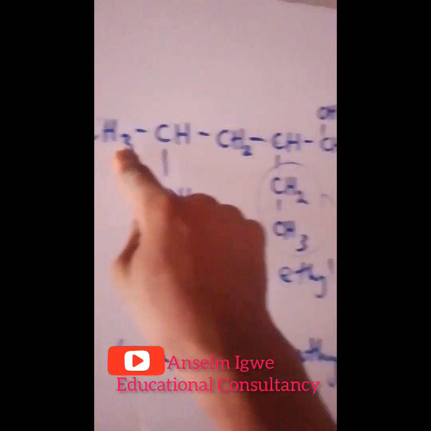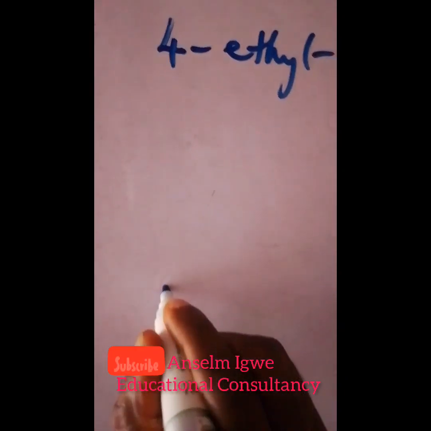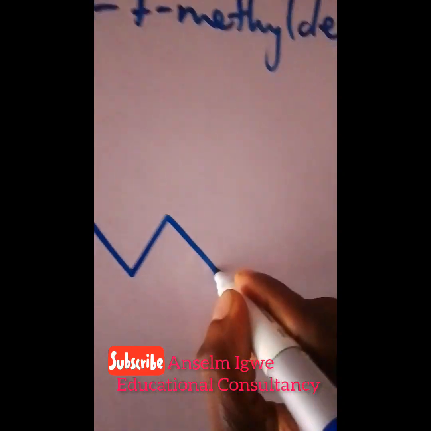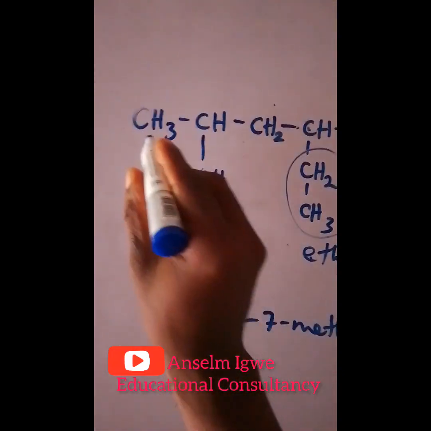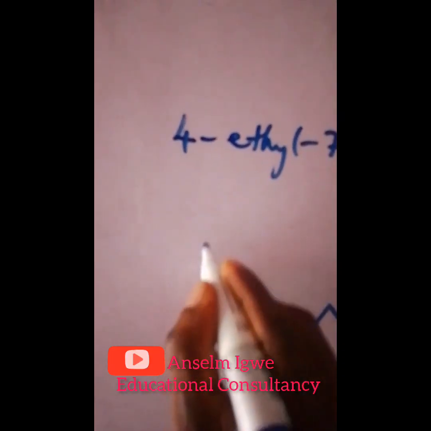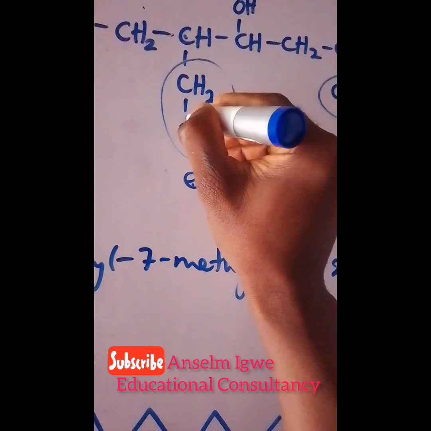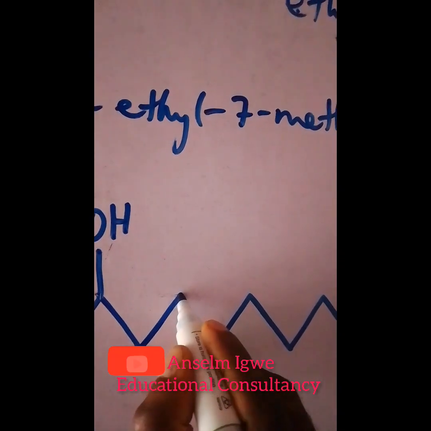The 10 carbon atoms are represented like this: 1, 2, 3, 4, 5, 6, 7, 8, 9, and 10. On the second carbon we have OH. On the fourth carbon we have ethyl. Second, third, fourth. Fourth, we have ethyl.